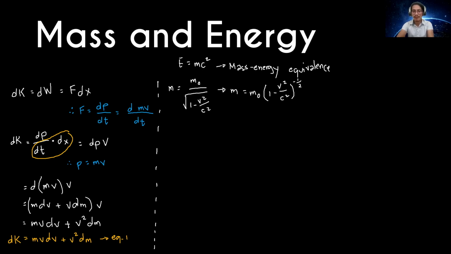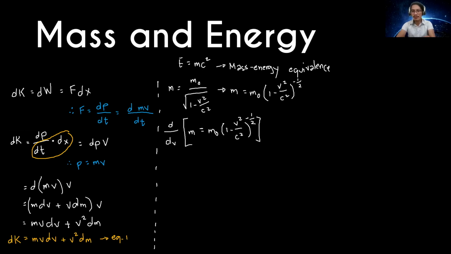Now, let us differentiate this equation. We are going to take the derivative of this equation with respect to velocity because this is a function of velocity. So, i-differentiate natin yan with respect to velocity. So, copy natin yan ng equation, m. This is m0. Copy lang. 1 minus v squared over c squared to the power of negative 1/2.